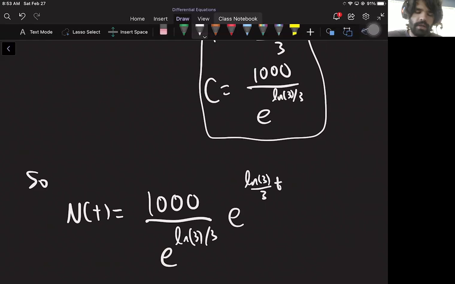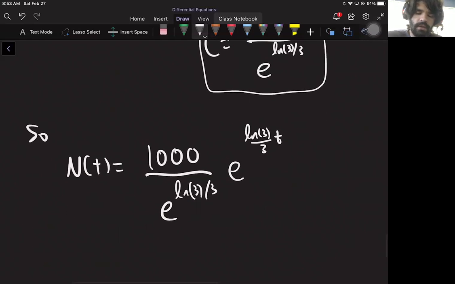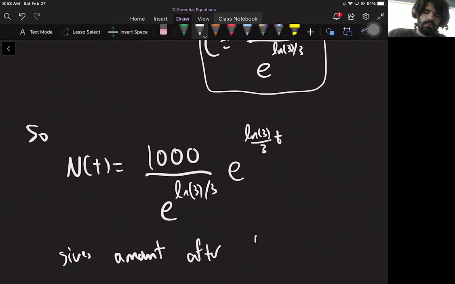So now if I plug in a time and just calculate it out, I can always figure out the amount after time t. Okay, and that's about it. Other problems will ask you other things to do and give you different information, but it always amounts to the same thing.